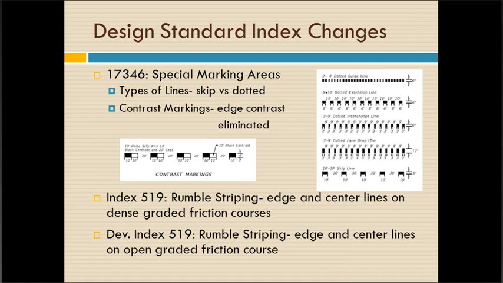What we did find is when we've done some rumble striping on projects just to get a feel for what we need to do in the spec and how we need to address some things, when we could start rumble striping on open graded friction course, we found that there's a drastic difference between grinding dense graded and grinding open graded friction course.